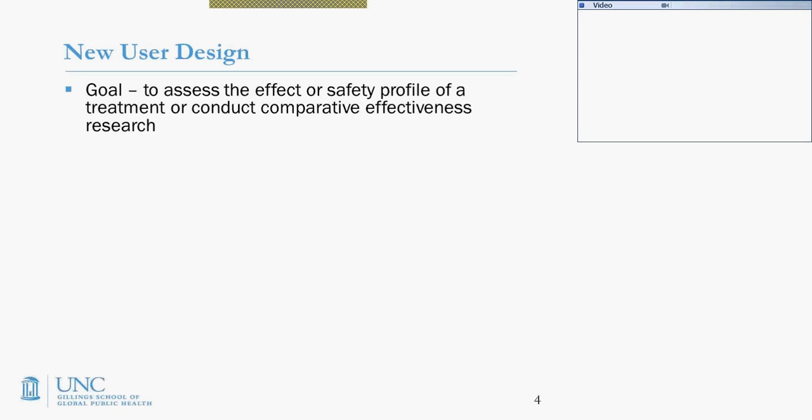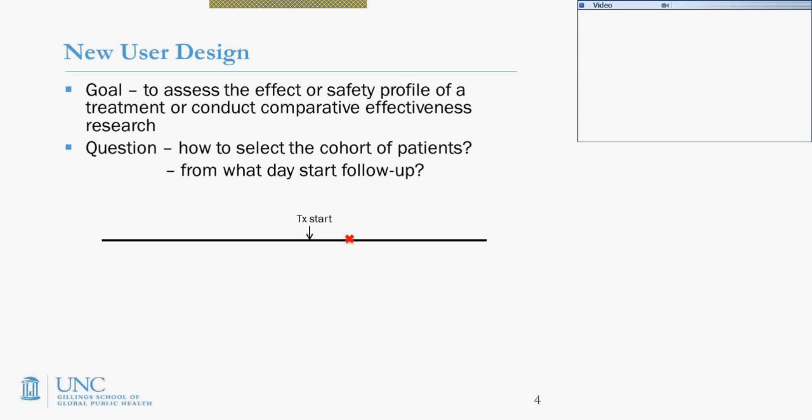You have this goal to assess the effect or safety profile of a medication, and you start with a population who take these drugs and develop some kind of event down the road. And you're asking the question: how to select this cohort, and from what day you're going to start follow-up.